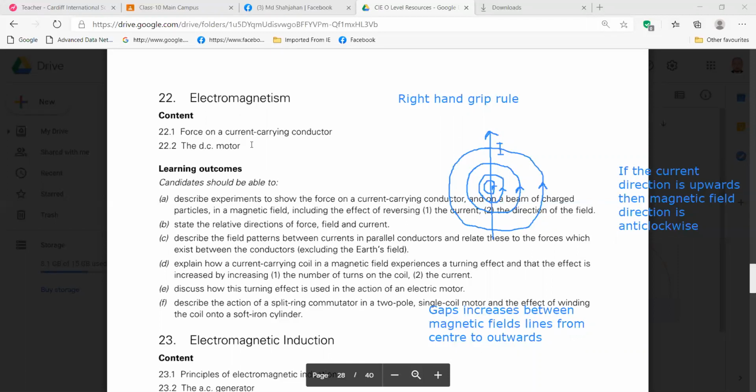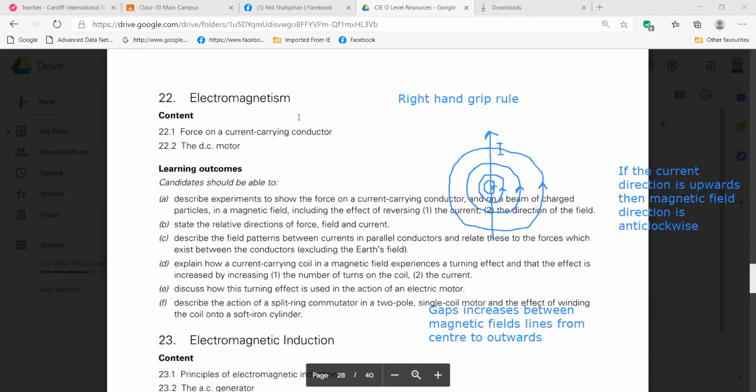So look, the first diagram. For figure 22.5a, we have two conductors. One is going upwards. The current is going upwards, that is the left one. And the right one, the current is going downwards.